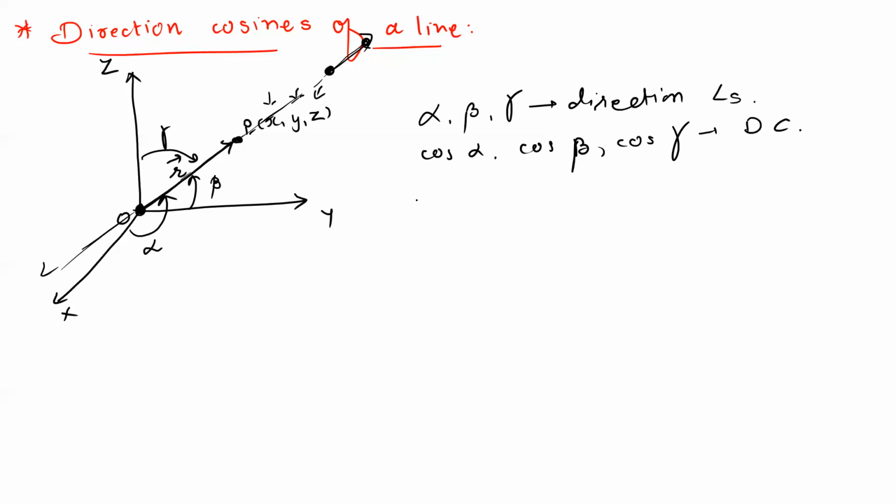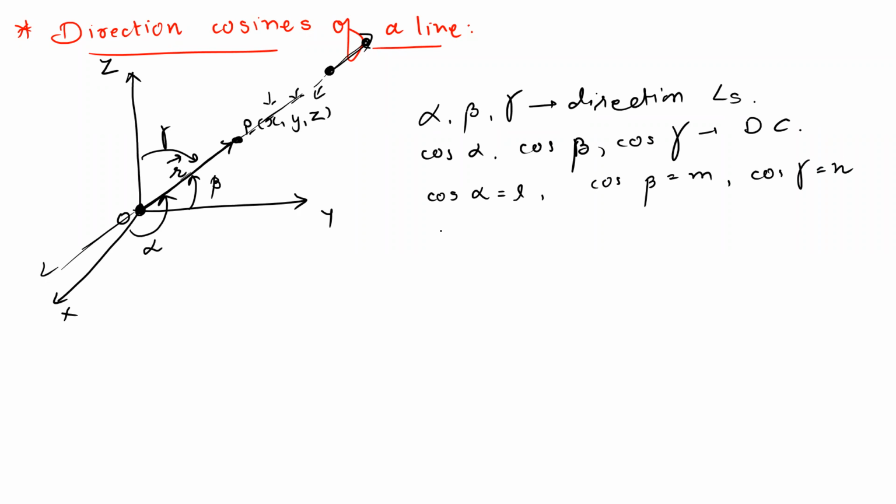So direction cosines mean cos alpha, cos beta, and cos gamma. With the help of geometry, one can easily find that cos alpha can be written as l, cos beta as m, and cos gamma as n.